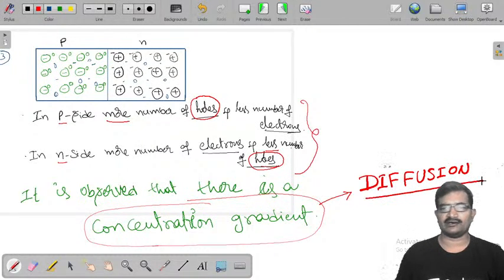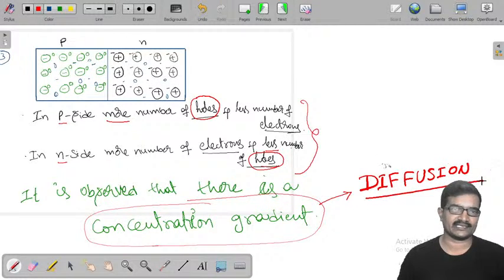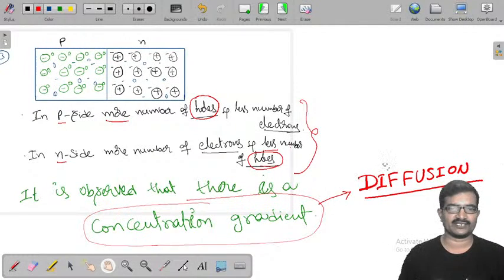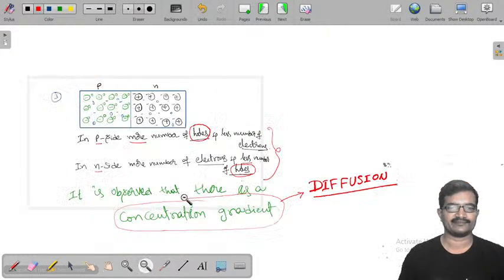So you can expect diffusion movement of charge carriers. Now the same thing is taking place here. Diffusion movement of charge carriers is taking place.